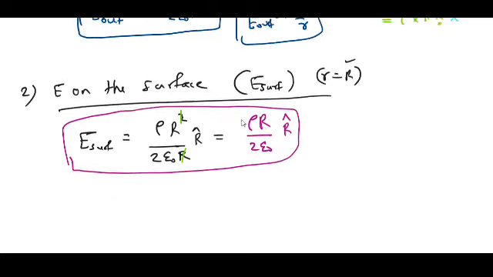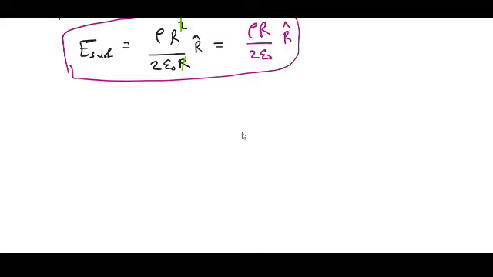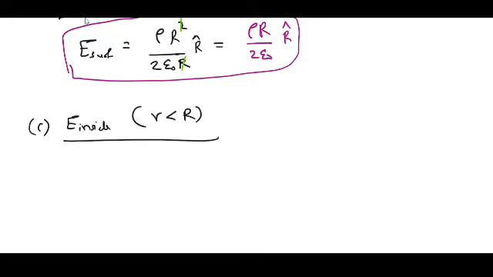Now let us go for the electric field intensity inside the uniformly charged solid cylinder, that is E inside. Inside means we have to construct a Gaussian surface in the r less than R region.